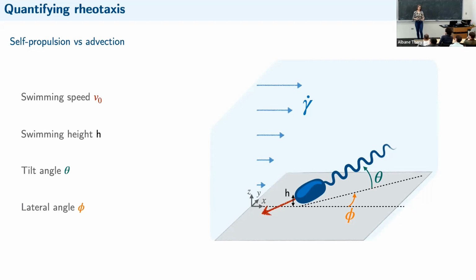But since you already mentioned elasticity, when you have elasticity, what happens is theta increases because of that elastic lift, and that makes you more sensitive to flow gradients, and therefore more efficient. But I'm going to ignore all of this. So you have constant height, constant swimming speed, constant tilt angle, and what we're interested in is how you're oriented with respect to the flow direction.